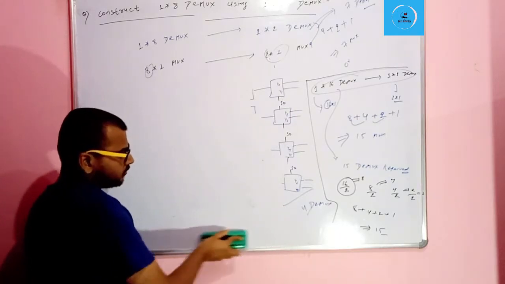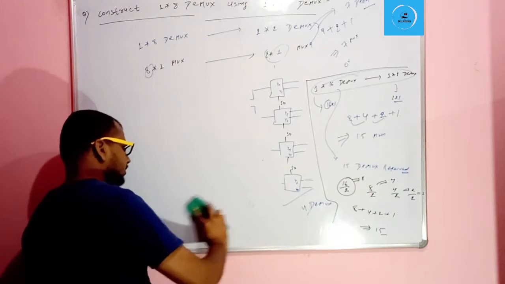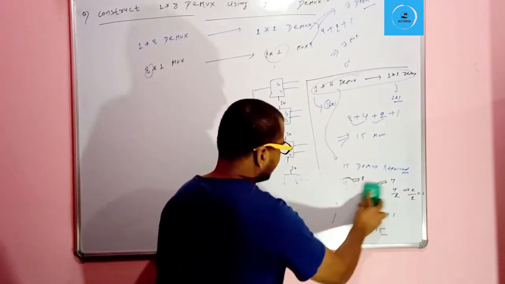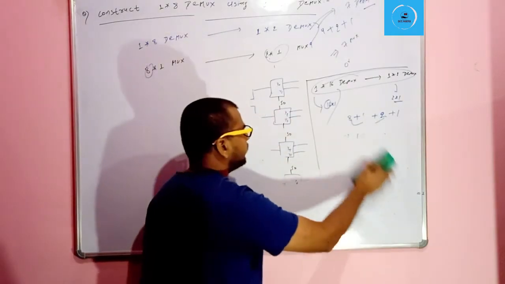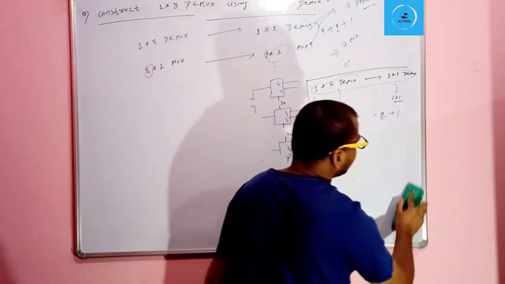So what is a decoder? A decoder is a combinational circuit like mux and demux, in which there will be many inputs and many outputs.